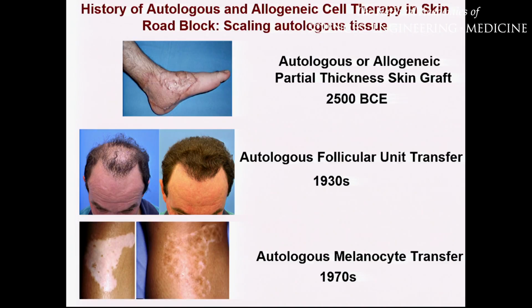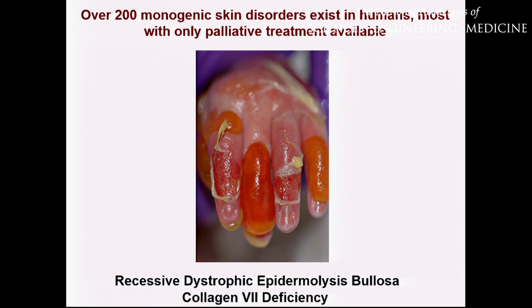And so the real question is, if you have a tissue or a disease such as epidermolysis bullosa, shown here, where you have a defect in one of the 18 proteins that keeps your epidermis onto your skin, or you're a combat veteran that has extensive burns, you're out of luck because you can't surgically transplant it, you can't give them a drug, and so you need to regenerate the tissue in some way. And that's the issue we're trying to address with regenerative medicine in terms of scaling autologous tissues.